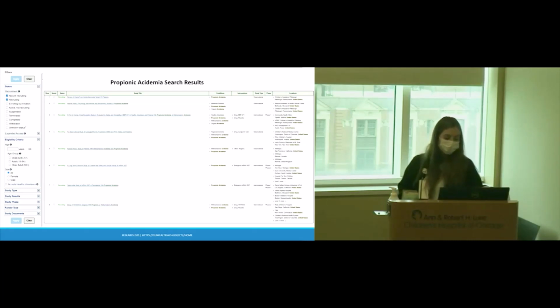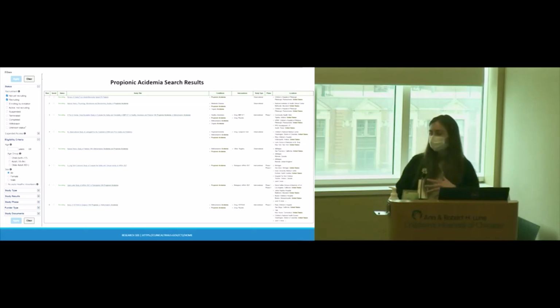So you can just pick more details about recruitment status, so you can switch to just currently recruiting or not yet recruiting. You can also look at some of the eligibility criteria to help eliminate options that wouldn't be available to you. So starting with age, if the affected individual in your family is a child, then you can filter to only include studies that are enrolling children.